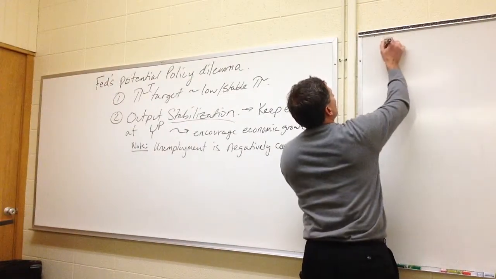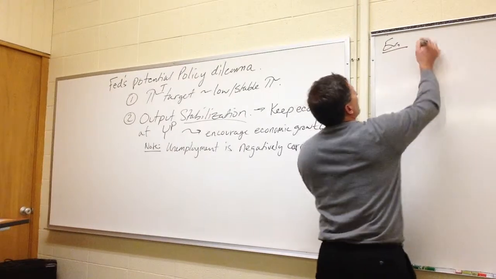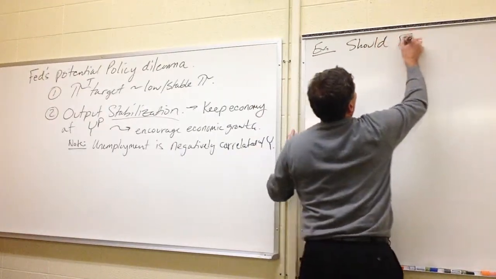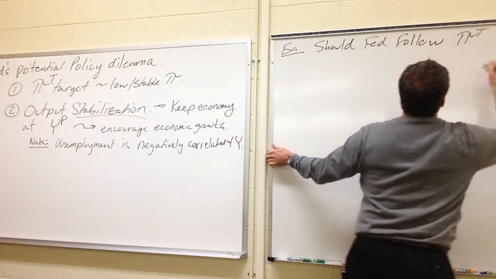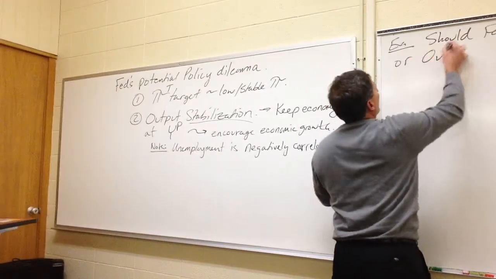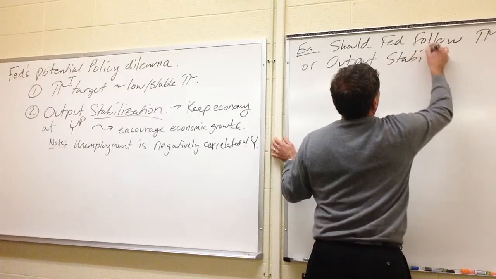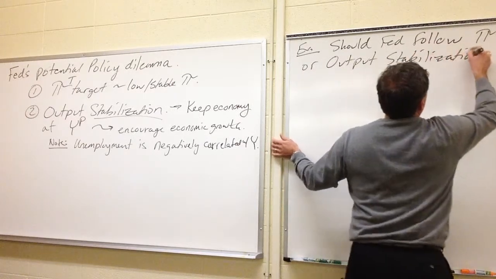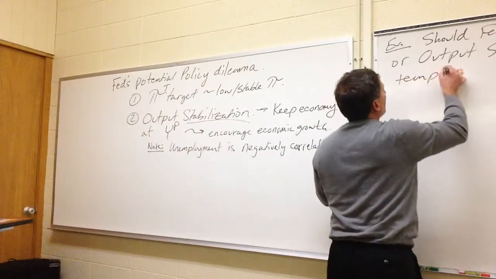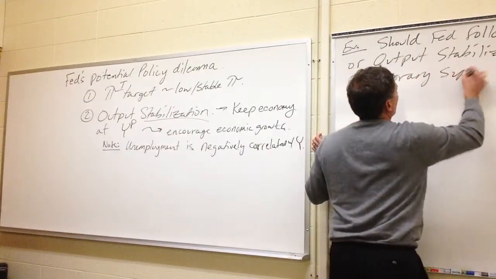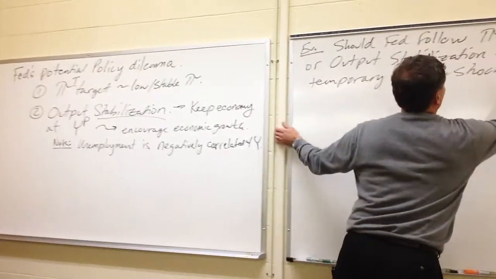So let's just say, this plays off of the other example. Should the Fed follow inflation target or output stabilization with temporary supply shock?